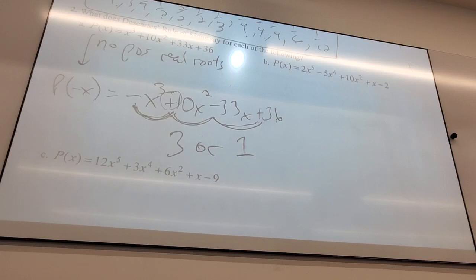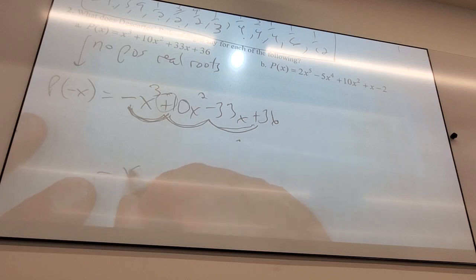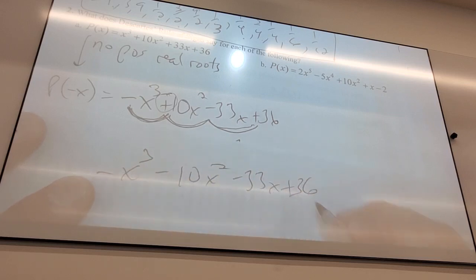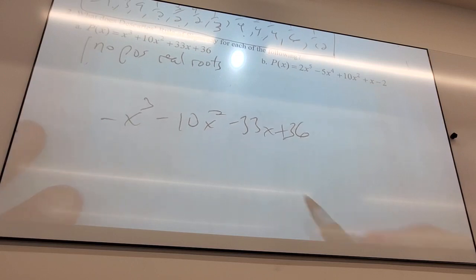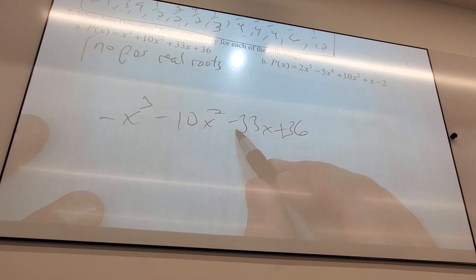Why do I go down by 2? Because if it isn't real, it's complex. And complex always shows up in pairs. Yes? So if it was negative 10, would it be 4 changes or still 3? If this had been negative x cubed minus 10x squared, you mean? Like this? Sure, yeah. How many sign changes? Did the sign change? Nope. Did the sign change?